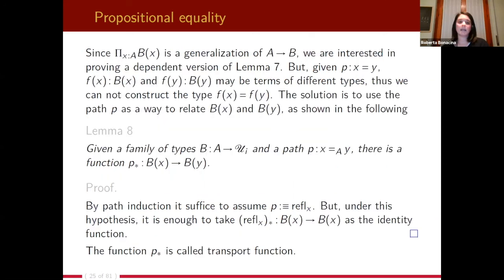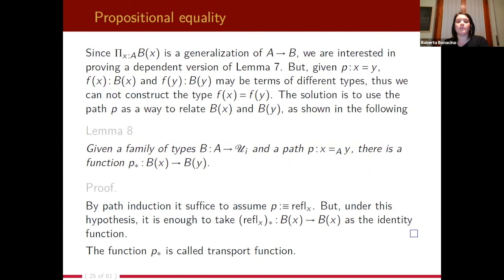Now, this result can be generalized to dependent functions, but it is not straightforward. Indeed, we would like to prove a dependent version of the previous lemma, but given a certain path P from x to y, it holds that f of x and f of y may be terms of two different types, B of x and B of y.